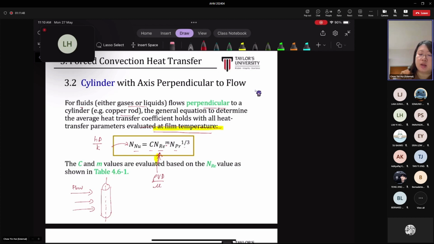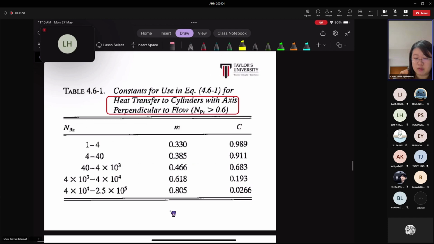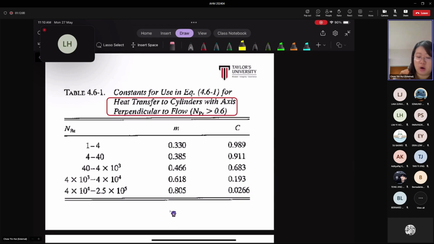So what will be the C and m values? The C and m values are based on the Reynolds number, which you can refer to in the next table. If your Reynolds number is between 4 and 40, then the coefficient C should be 0.911. The Nusselt number equals C times Reynolds number to the power of m times Prandtl number to the power of 1/3.